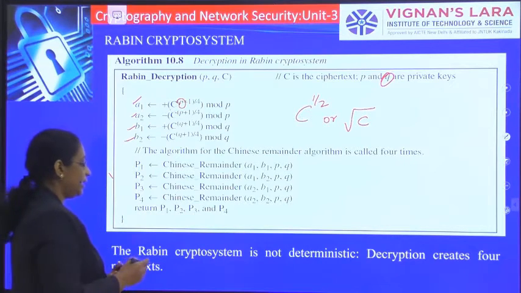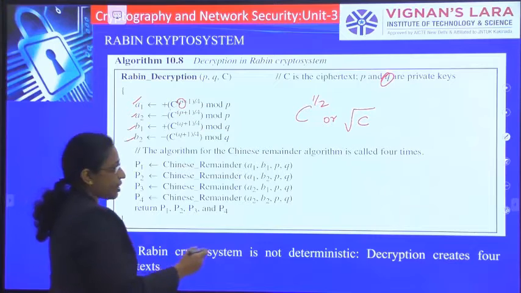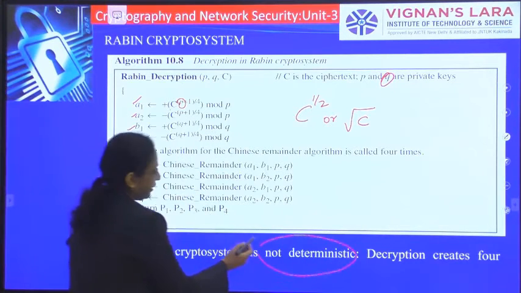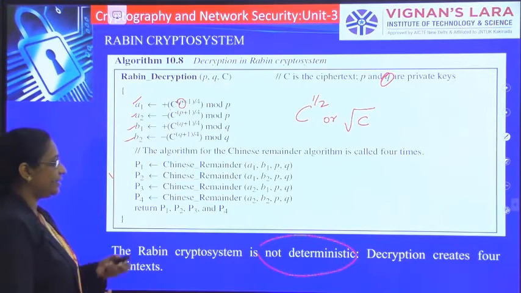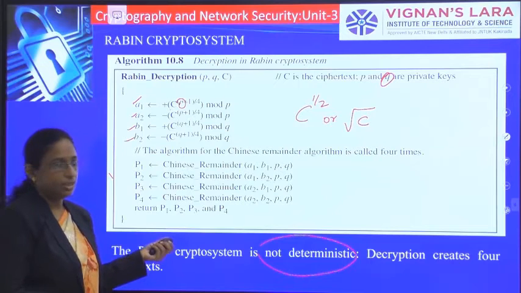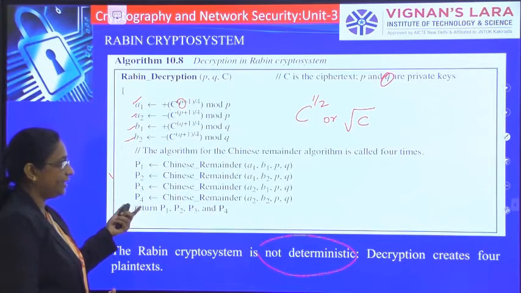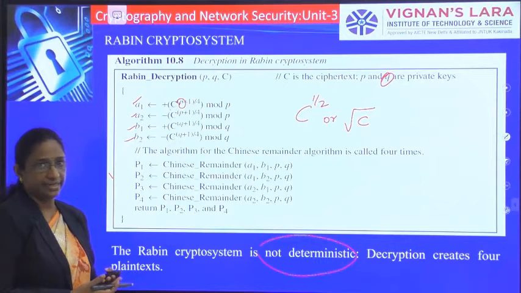This Rabin crypto system is non-deterministic, meaning it does not give the exact value. When you decrypt, you get 4 plain texts, not exactly 1 plain text.